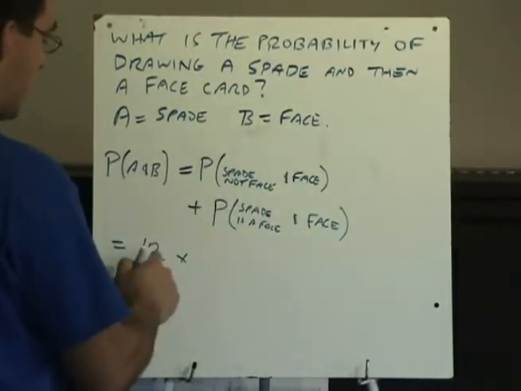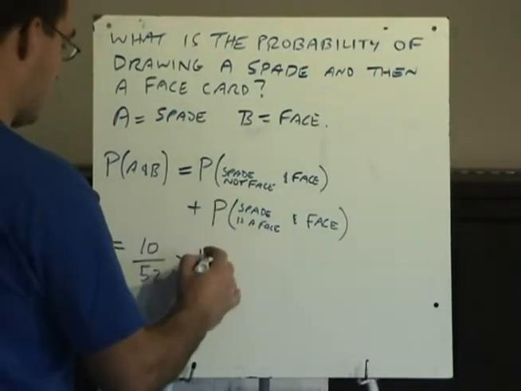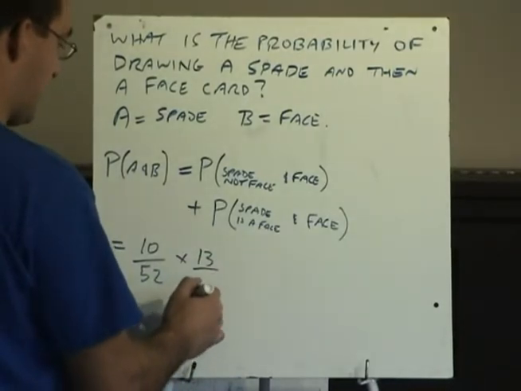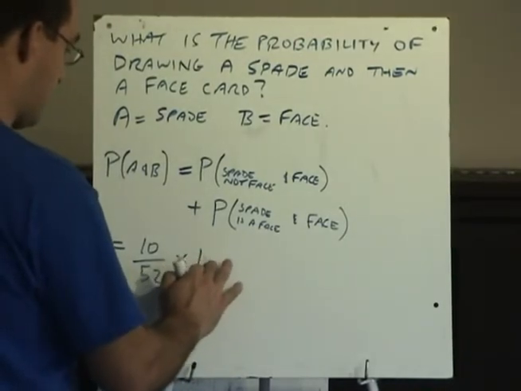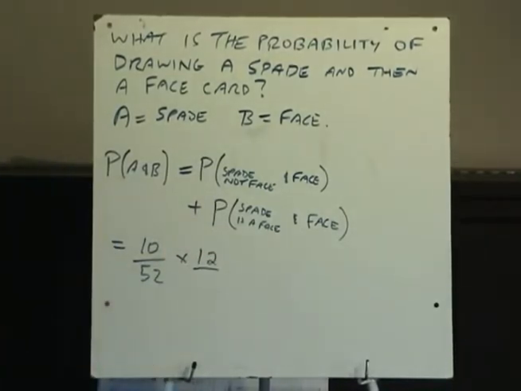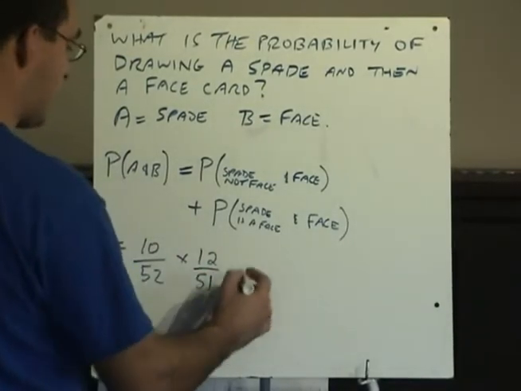Well, since we did not draw a face card to start with here, there should be 12 face cards in the deck. The king, queen, and the jack, in the 4 suits. So 12 face cards out of 51.